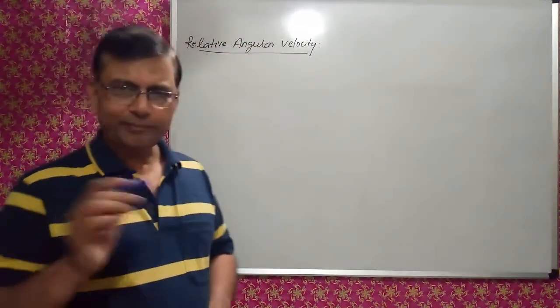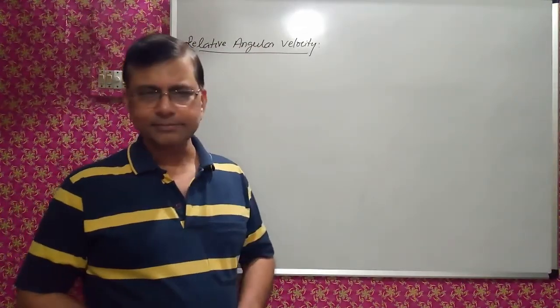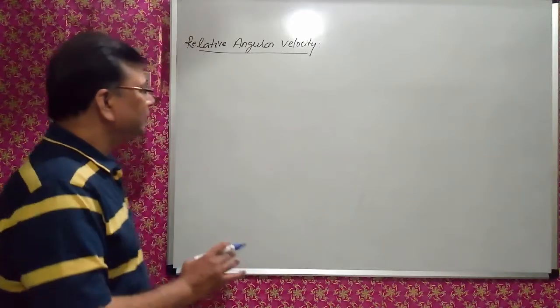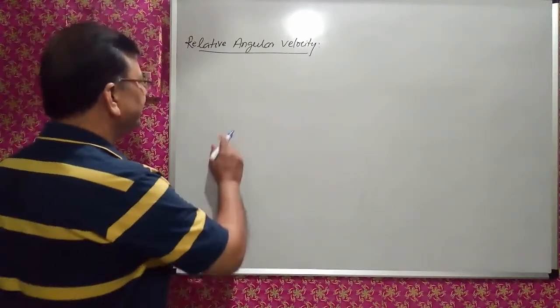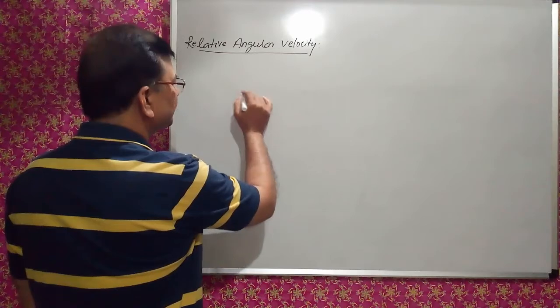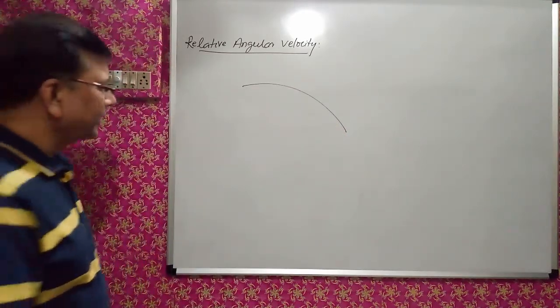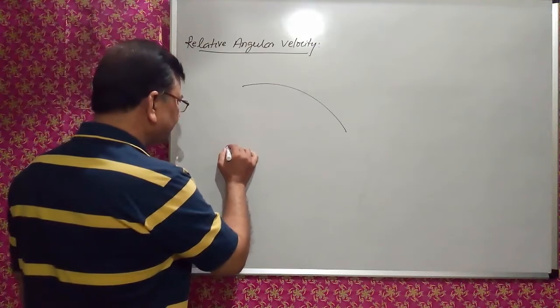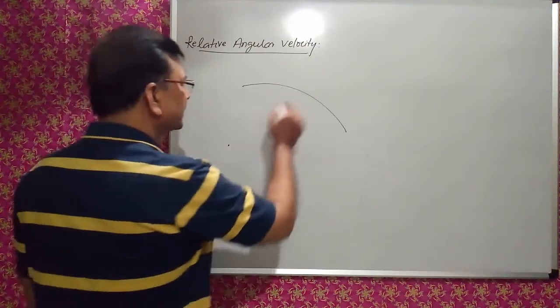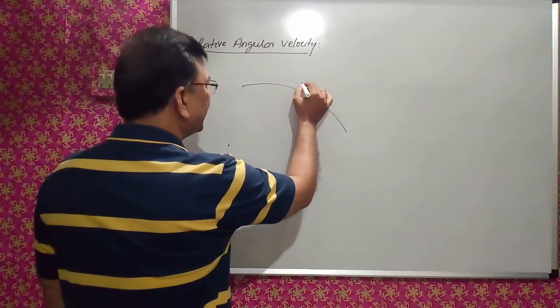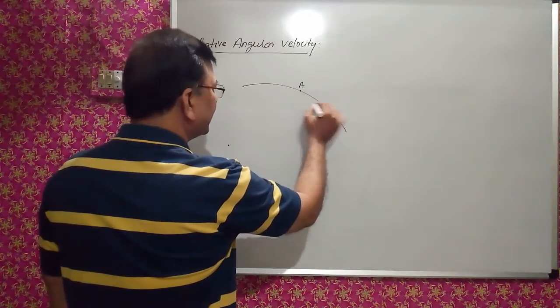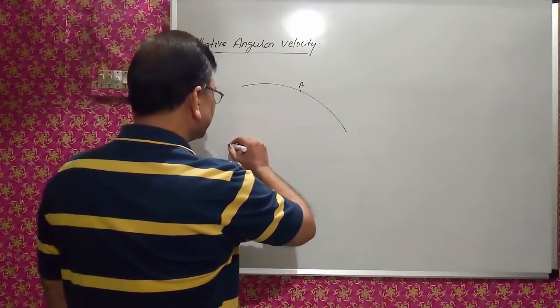So if you remember, I had discussed that for any kind of curvilinear motion, suppose there is this kind of motion, and observation is being done from A at this position.